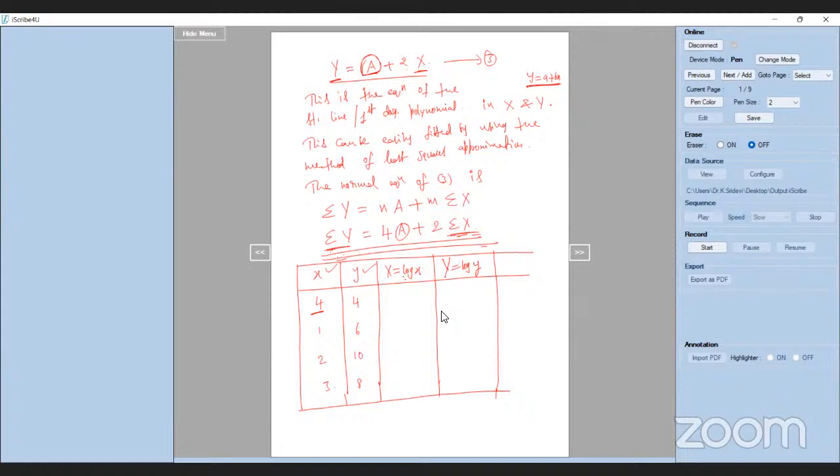Can you have logarithm in the phone? Is it possible to get the log 4 value using the phone? Yes, it is possible.